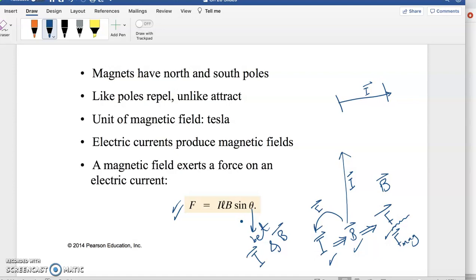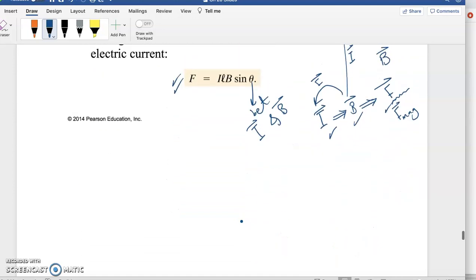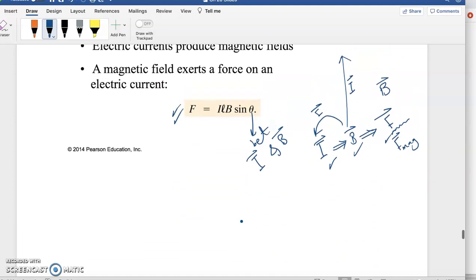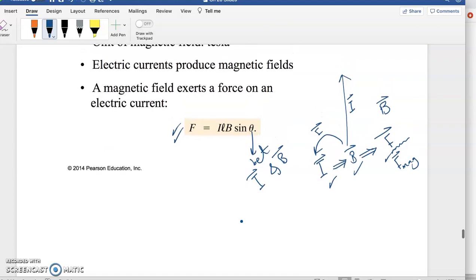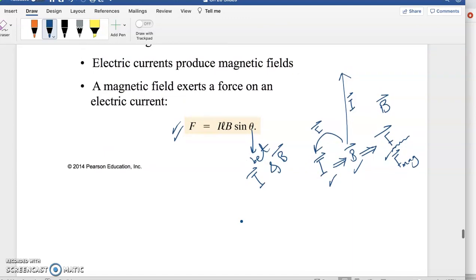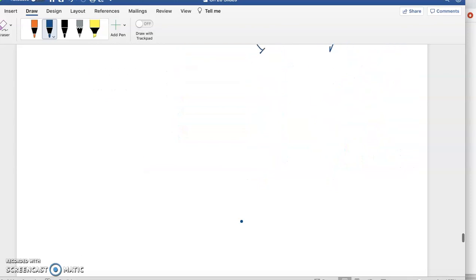Even here I am looking at the formula sheet, and it says F equals I L B sine theta, but you need to figure out theta is between which variables, and what is I, what is L, what is B. So this is one very important formula. I will get back to this formula later in this document, but first I am going, as I told you, to cover the summary and the focus of the things that we are covering in chapter 20.